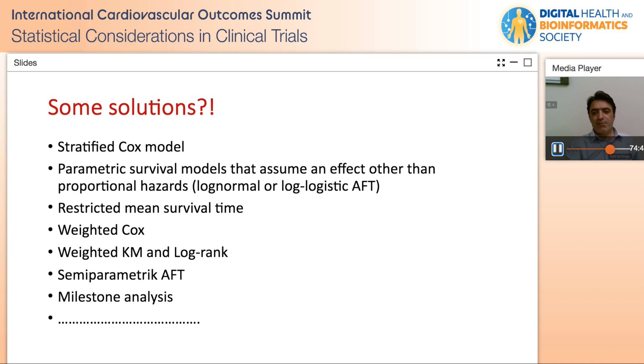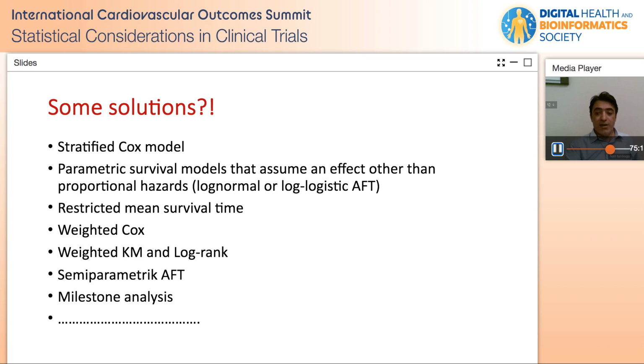If non-proportional hazard is present and treatment is assigned in RCTs, the stratified Cox will not be appropriate to use. Weighted Kaplan-Meier, weighted log-rank, or milestone analysis will all be descriptive statistics, and due to their unavailability for covariate adjustment, they may be subject to criticism.